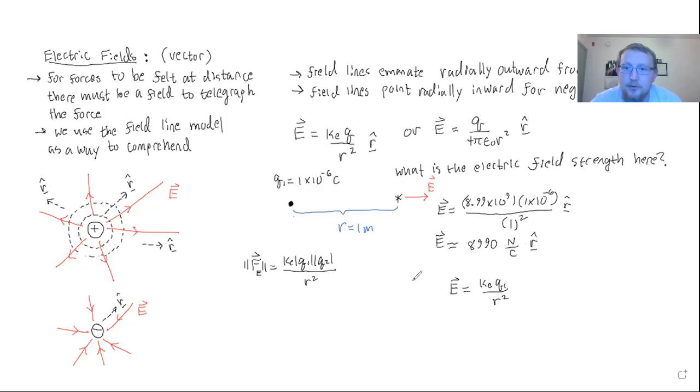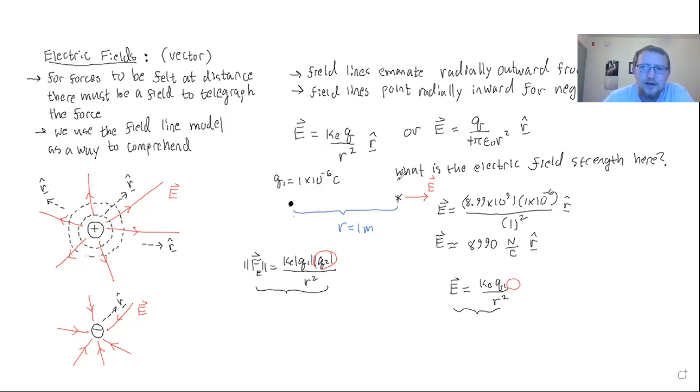You may notice that one of the main differences between the electric field calculation and the electric force calculation is the absence of the second charge. With the electric force, we have this extra charge, and for the electric field, we have nothing, because the electric field is the field that charge 1 is creating, but we don't have a charge 2 in the picture yet.